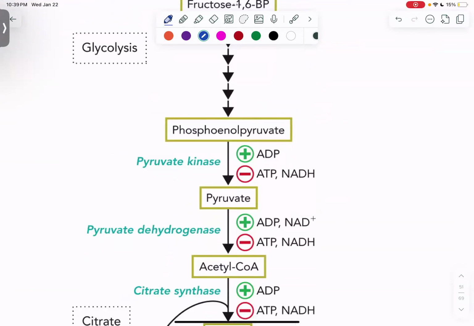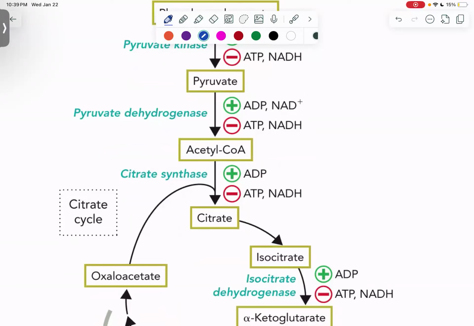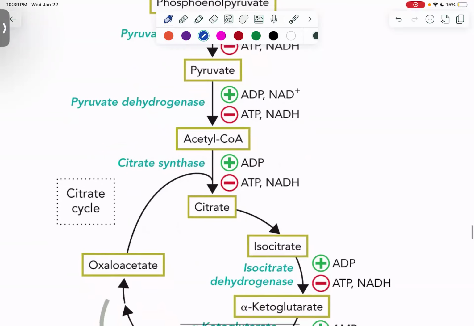Our pyruvate kinase and pyruvate dehydrogenase reactions are both very highly regulated, right? Pyruvate kinase is our last step in glycolysis, whereas pyruvate dehydrogenase is that link between glycolysis and the citrate cycle. And then that first step in the citrate cycle, citrate synthase, is highly regulated by both energy charge and NADH.